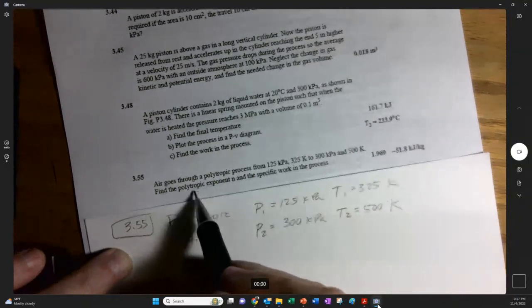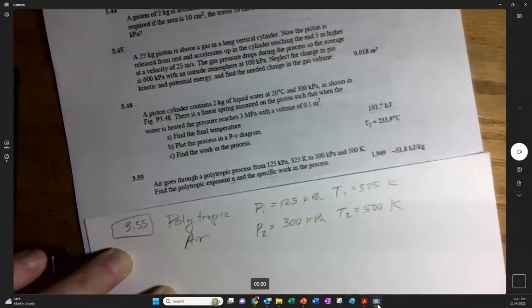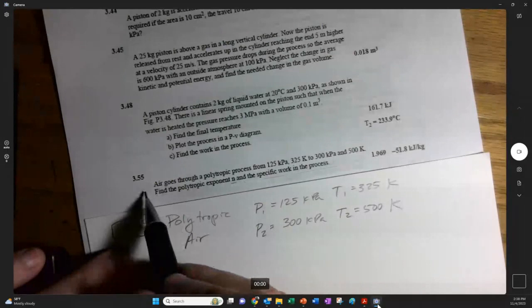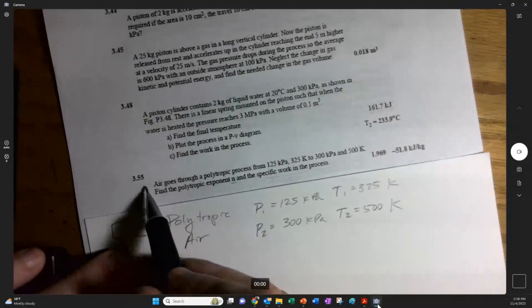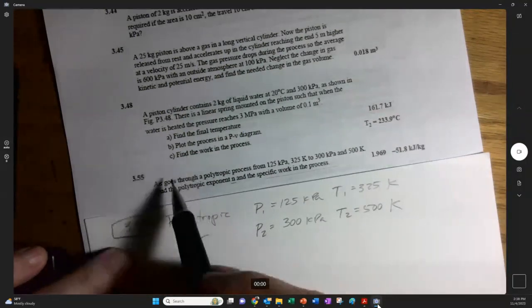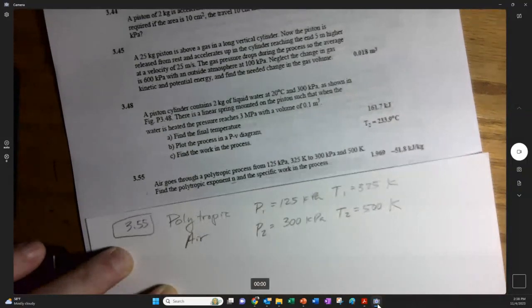So we want to find the polytropic exponent and then the specific work in the process. And by the way, I think we might also be able to find the heat with it, because I don't think at this stage we were doing stuff with our U's. I think it might be true.